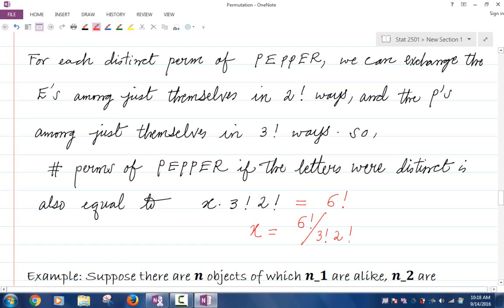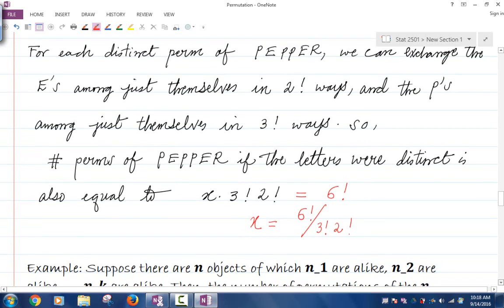I have 6 objects, 2 of them are alike, 3 of them are alike, right? Well, then the number of permutations is 6 factorial, that's the total, 6 coming from the total number of objects, 3 factorial in the denominator coming from the fact that 3 of them are alike, 2 factorial in the denominator coming from the fact that 2 of them are alike. You see the pattern?